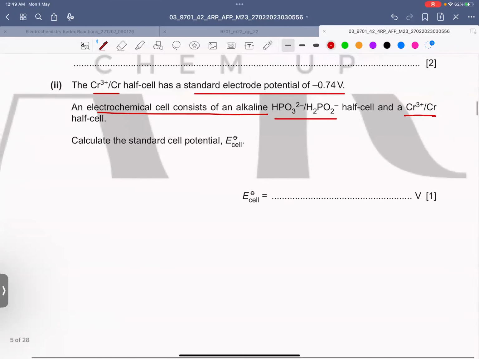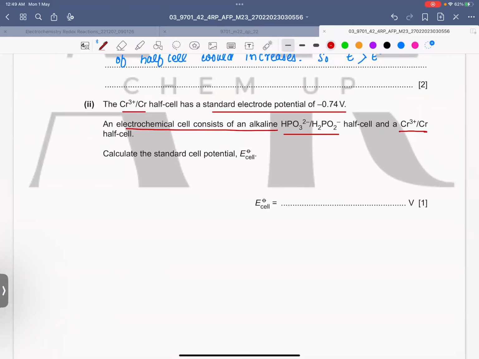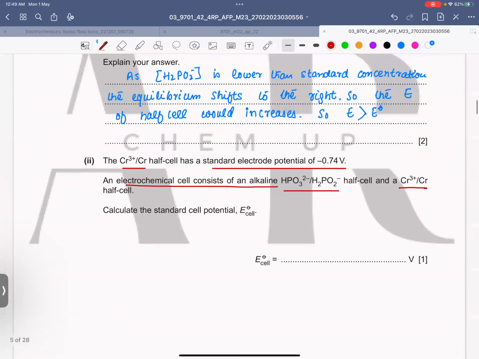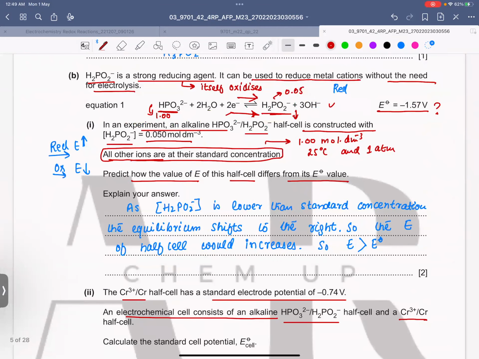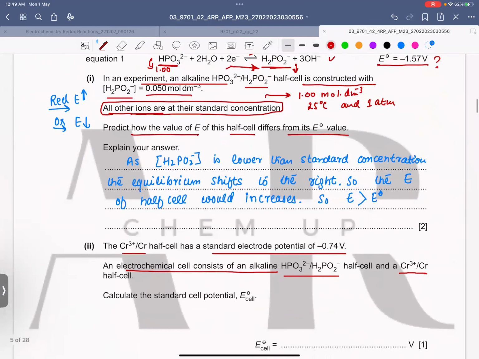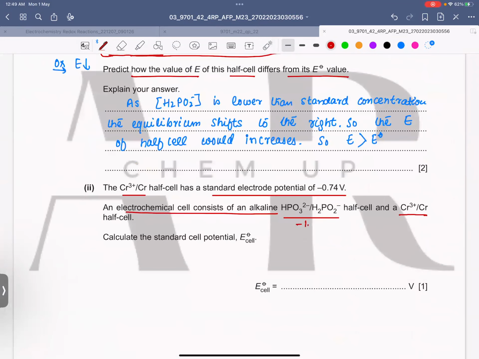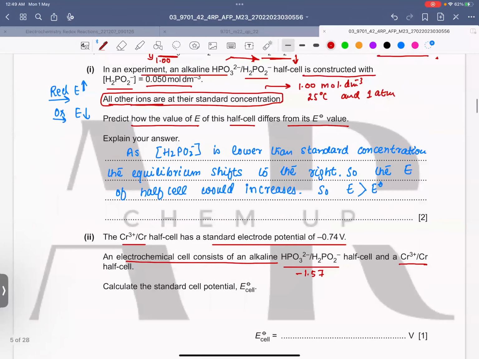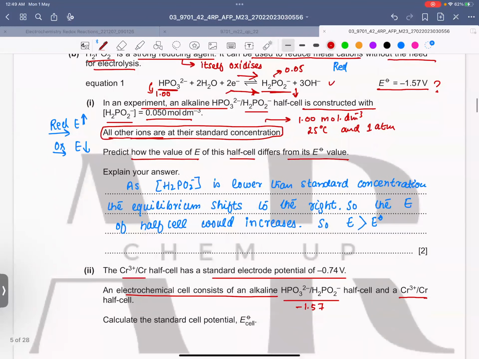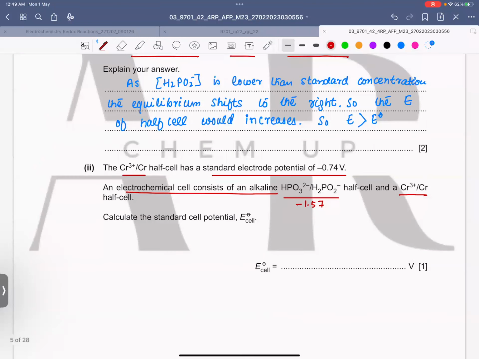Calculate the E naught cell. So in this case, that would be very easy to do, because if you see over here, its value is minus 1.57, right? And here its value is minus 0.74.